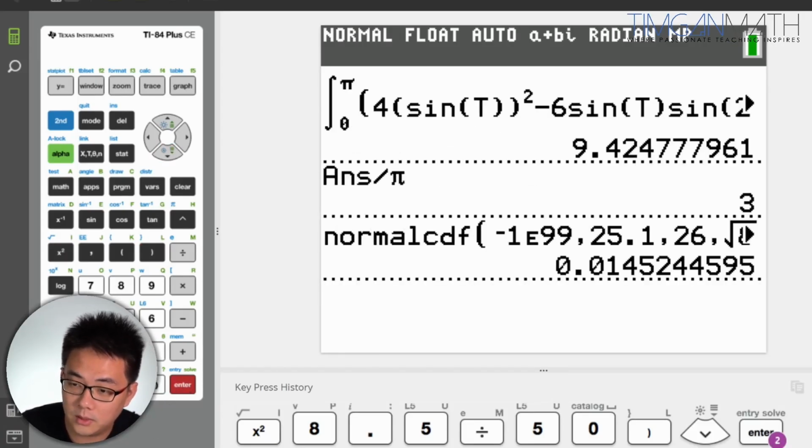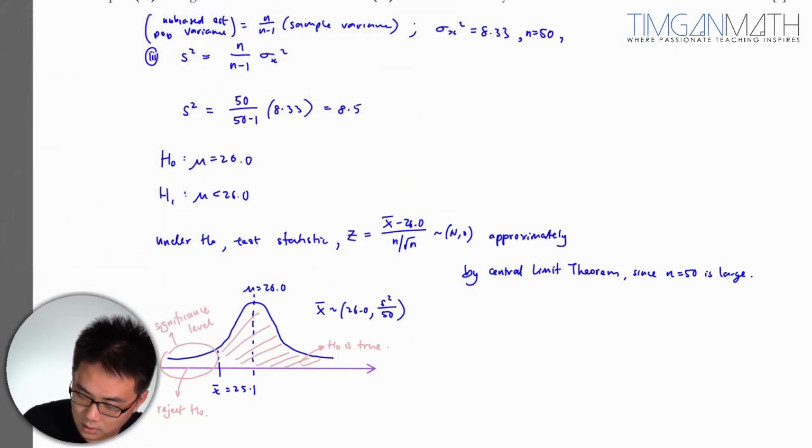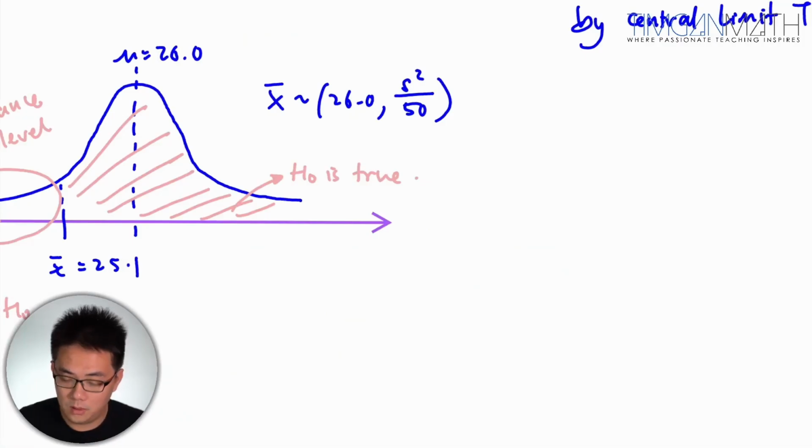So the level of significance of the test would be 0.01452. Let me write this down from GC.